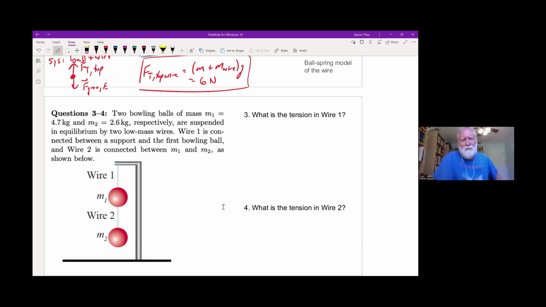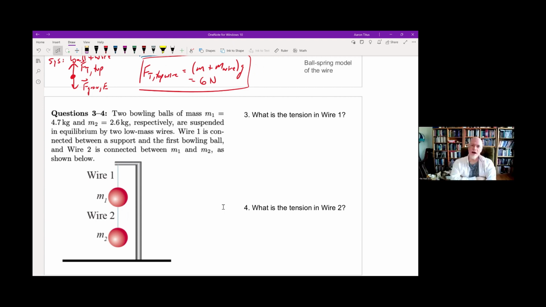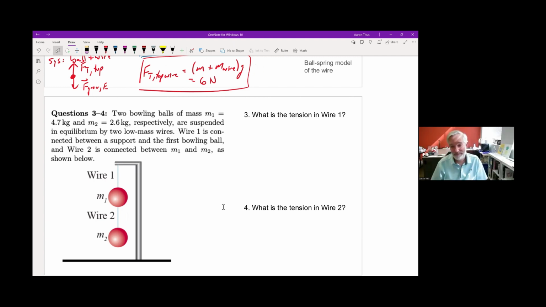Good question. Based on the kind of answers we get for a problem like this, I don't know how to second guess what the students are doing, because compared to the first one, this one usually is quite a step up for them conceptually. One thing that could be useful is that it doesn't matter which way you do it. You're going to get three equations, but they're not all independent.